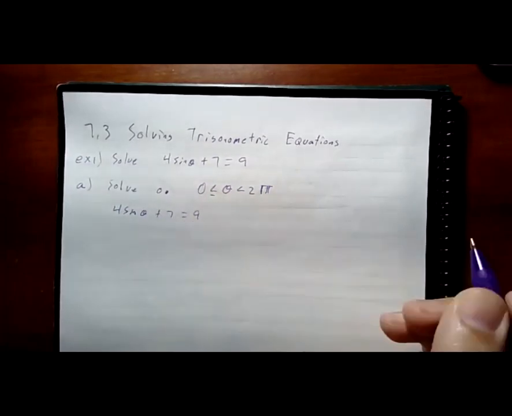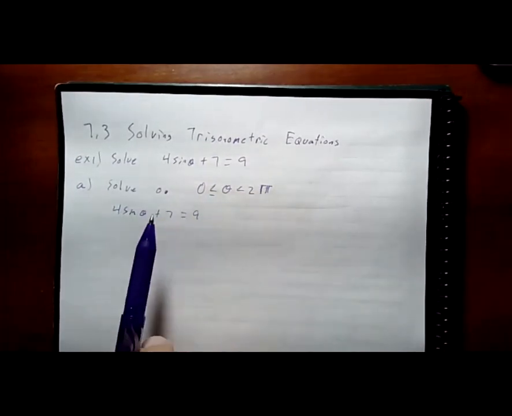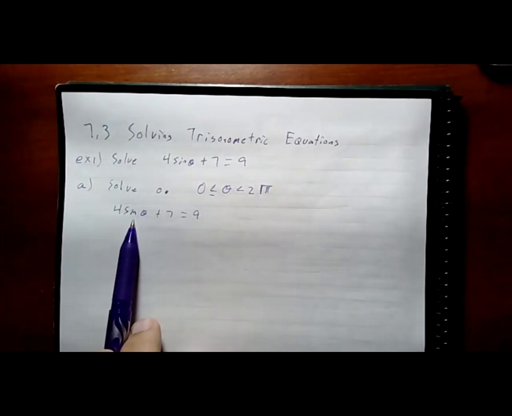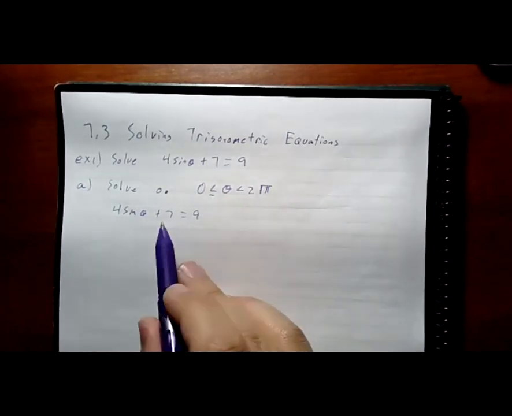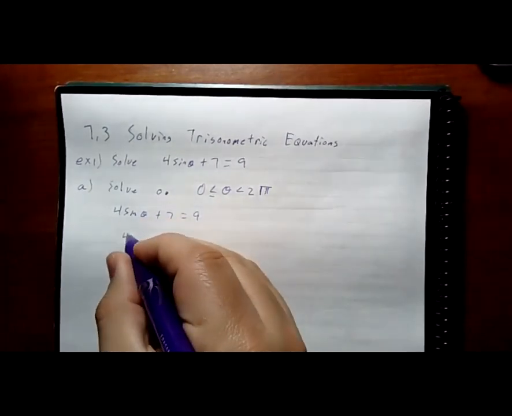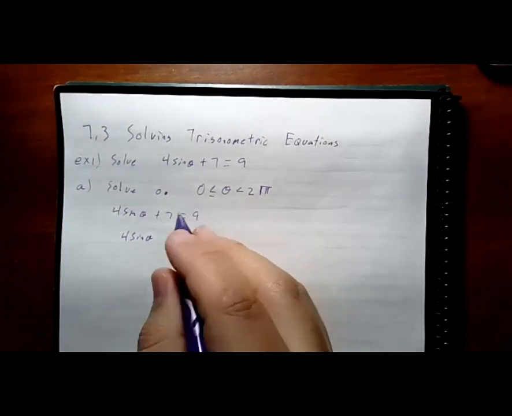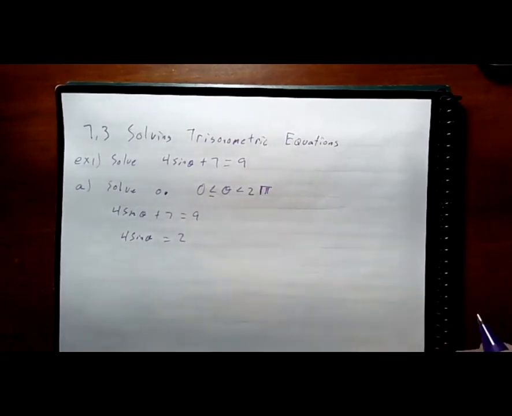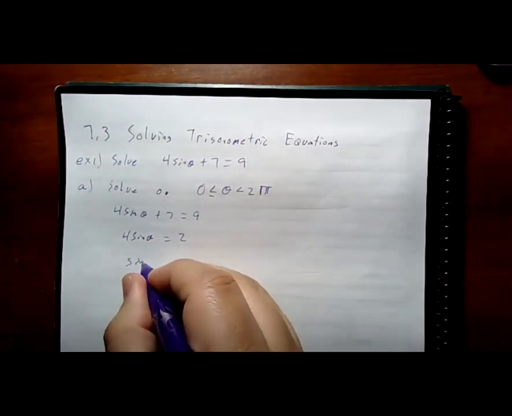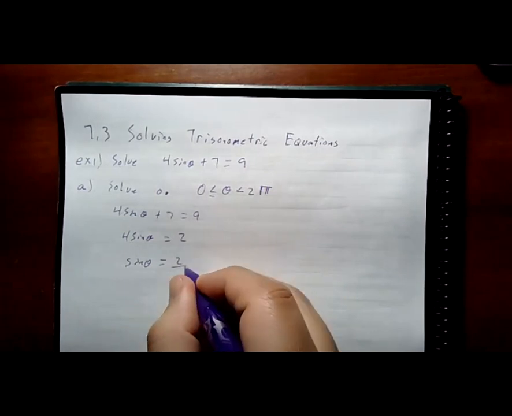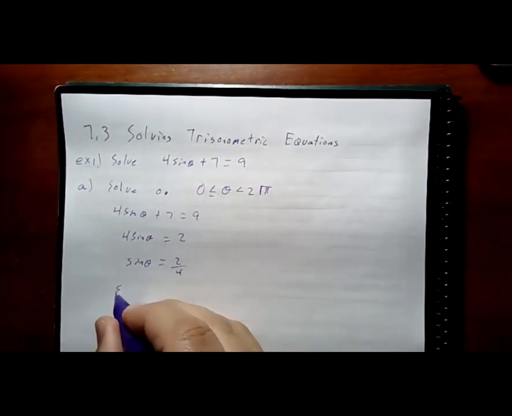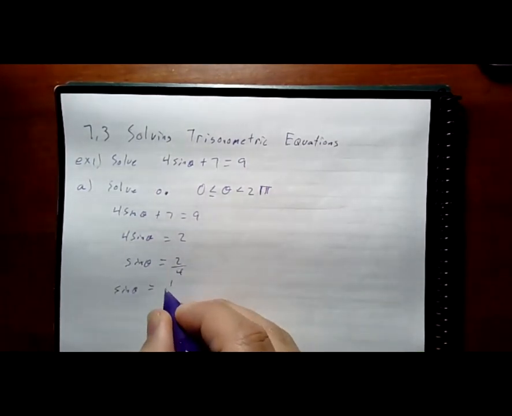All right, so whenever you're solving trig equations, isolate the trig function. Get everything else out of the way. Subtract the 7. 9 minus 7 gives me a 2. Divide by 4. So sine theta is equal to 1/2.